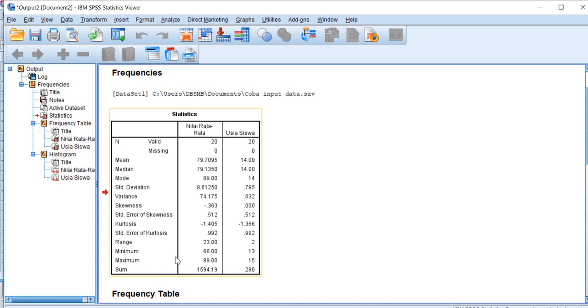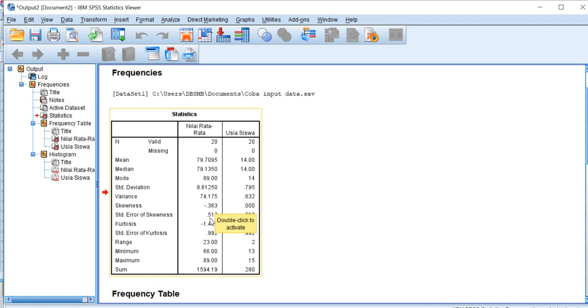From skewness and kurtosis, we can find the ratio of the skewness by dividing the score of the skewness by the standard error of the skewness.